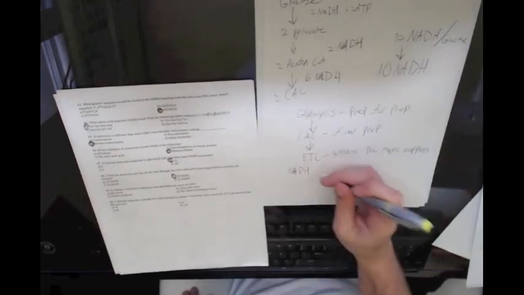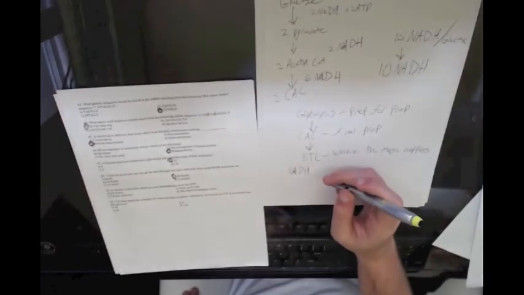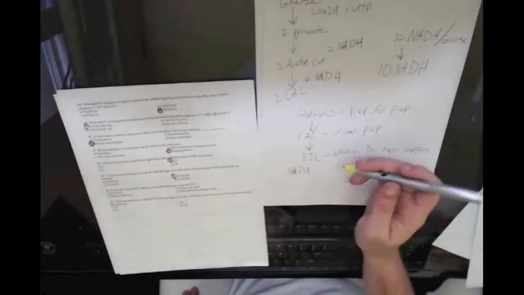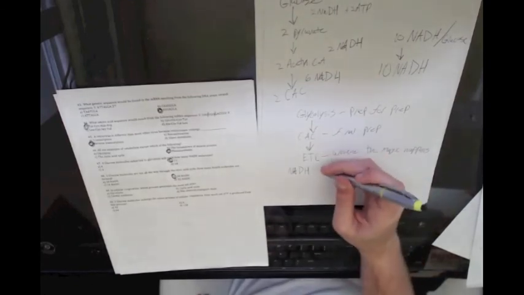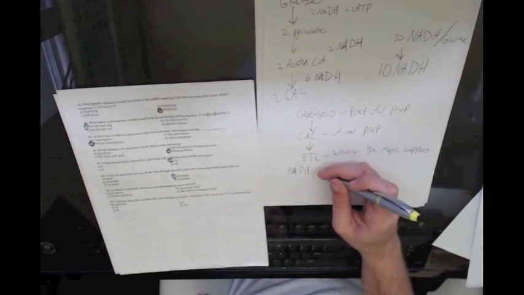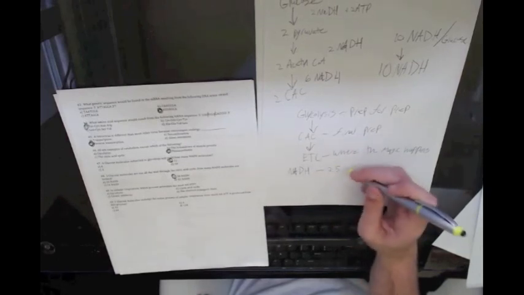Electron transport chain, it basically takes all of the NADH and FADH2, right? And it converts it to ATP. So, just so you know, if you did have to calculate it, every NADH that you have gets oxidized and produces 2.5 ATP.